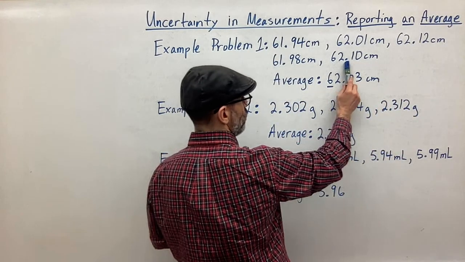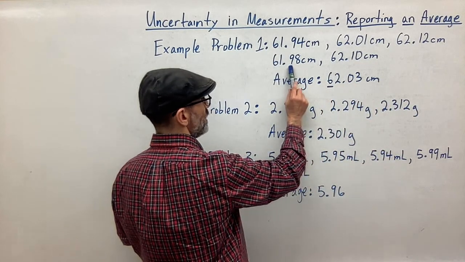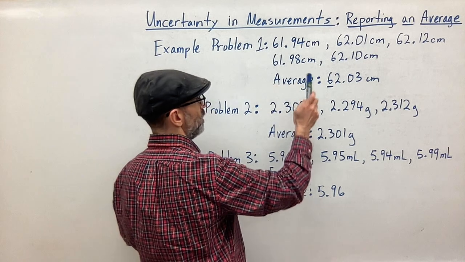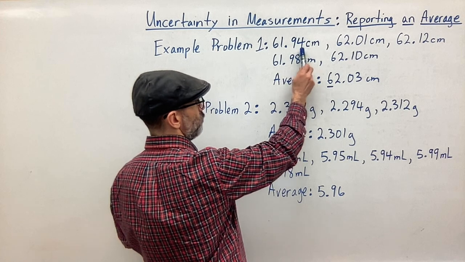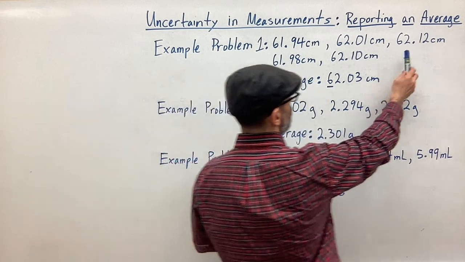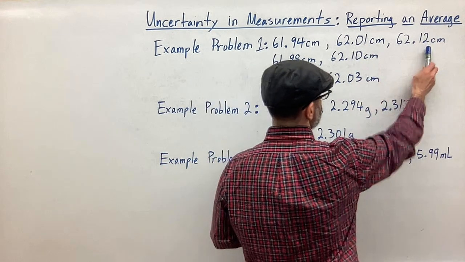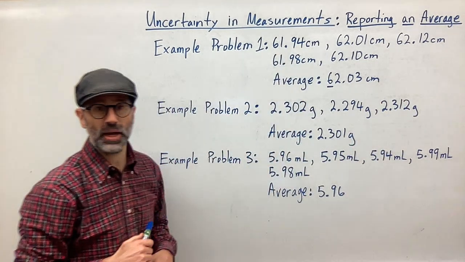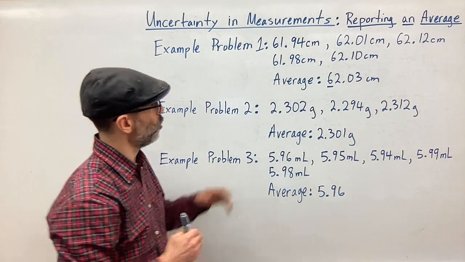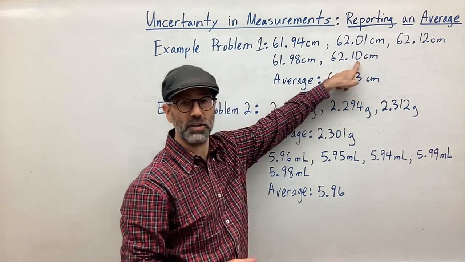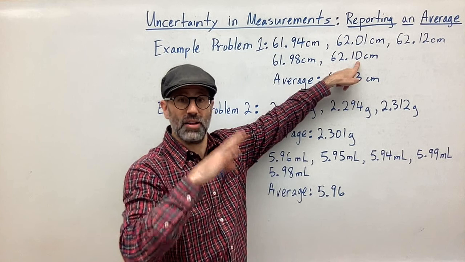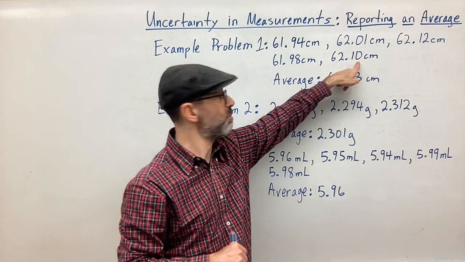So your tenths place is uncertain. And then at the hundredths place, you have a 4, 8, a 1, a 0, a 2. So that's really fluctuating a lot there. So our hundredths place is uncertain.